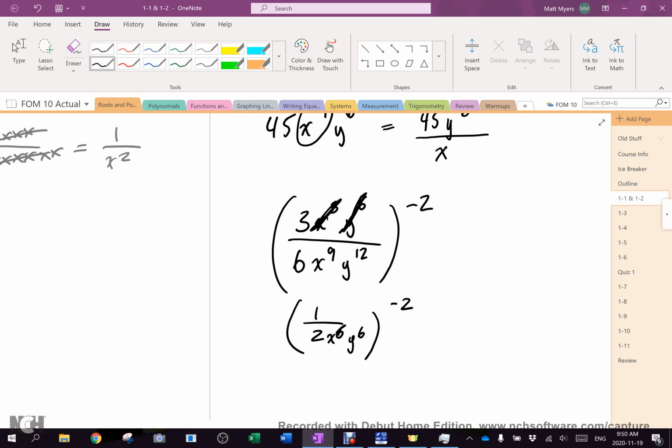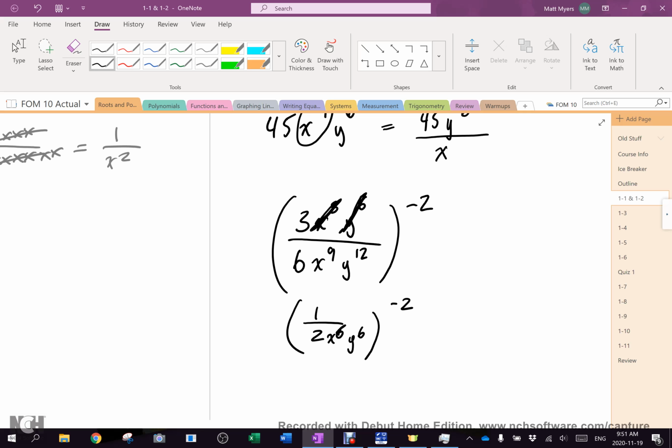Right here, could I not also have done 1 to the negative 2, 2 to the negative 2, x to the negative 12, and y to the negative 12? Could I have done that? And then all these negative exponents have to switch, don't they? So this 2 would come up and become 2 to the 2, x to the 12, y to the 12, over 1 to the 2.